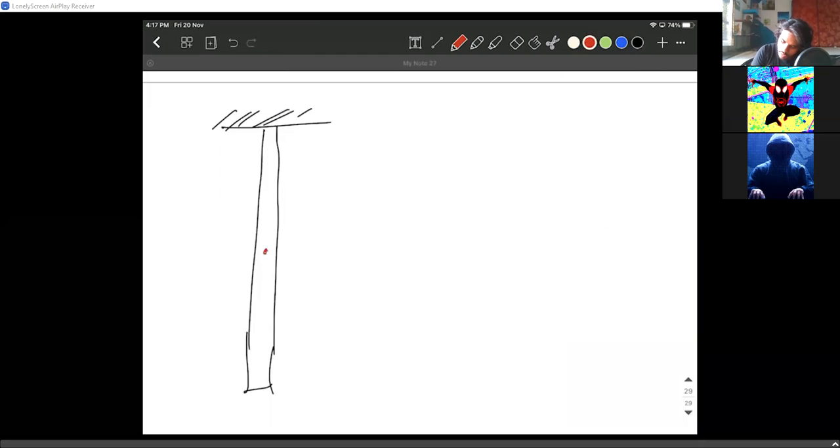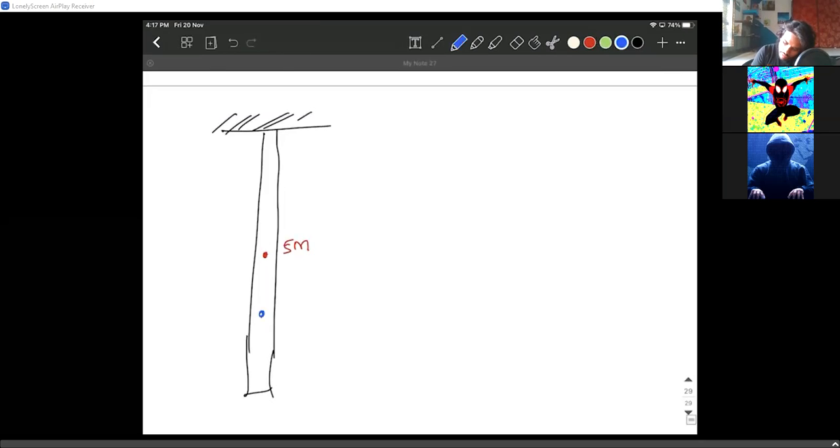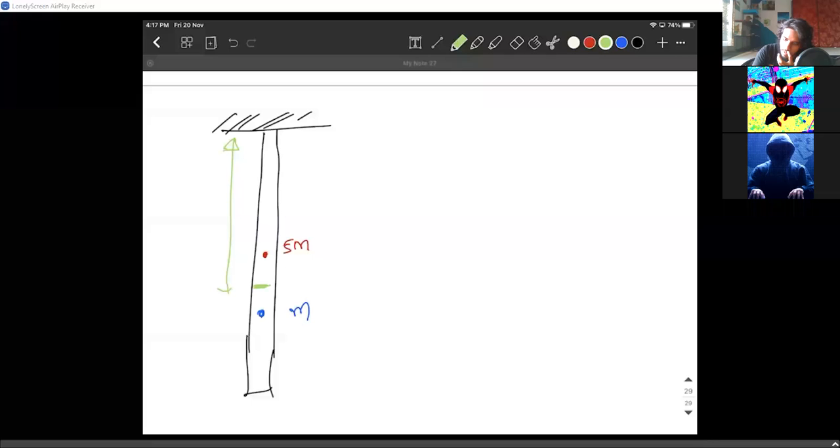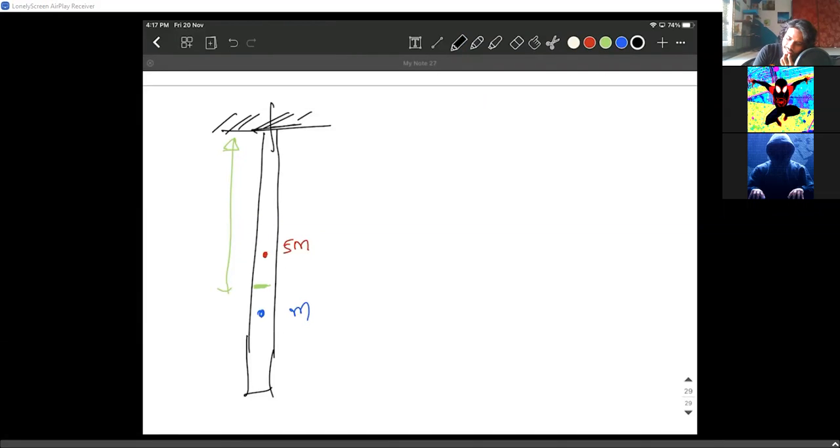So this is the center of 5m. So 5m is present here. This is the center of m. The center of mass will be somewhere around here. This is the center of mass. How do we calculate this distance? Let's do some math. Let us take this as the horizon, and let's write distances.